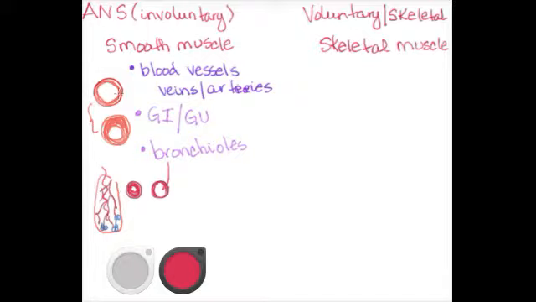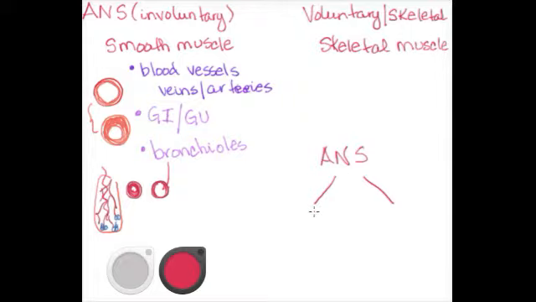What would make them either close up or open up? So what directs them to do that? Well, the autonomic nervous system is broken down into two sections. And the two sections are going to decide which of these tubes get opened and which of them get closed, and we can explain why.